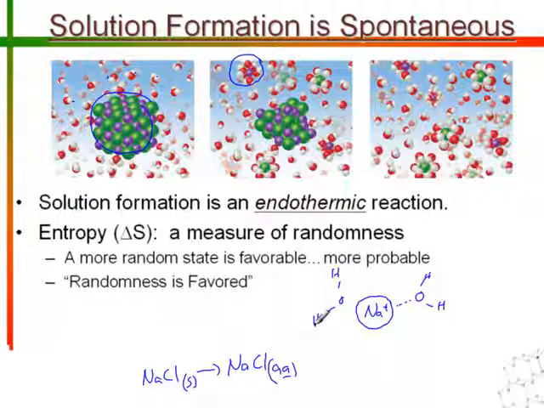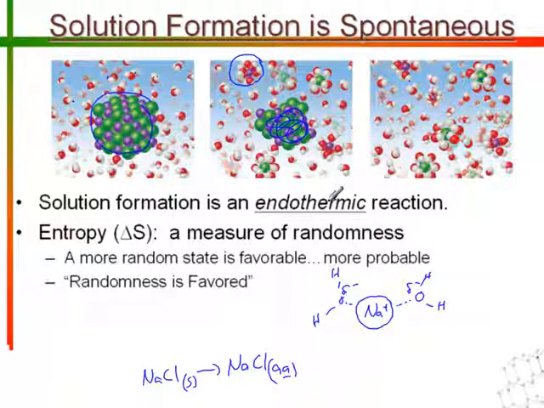The red spheres are the oxygen atoms, and there's a delta positive there. So there's a favorable interaction between the solute and the solvent molecules that disperses the block of solid, and eventually all of the solute gets distributed through the solution. This is a spontaneous process.